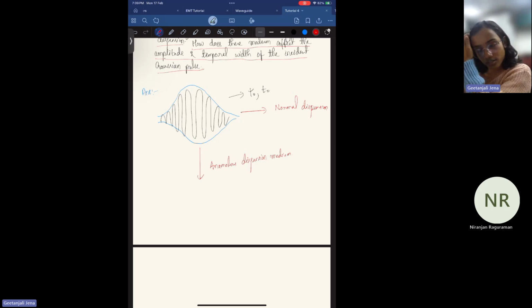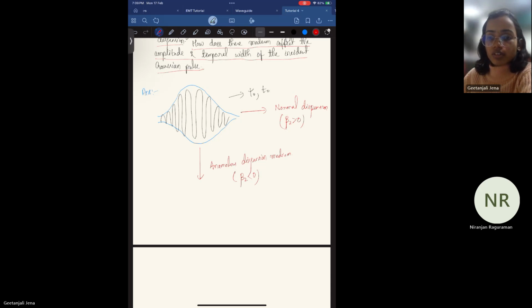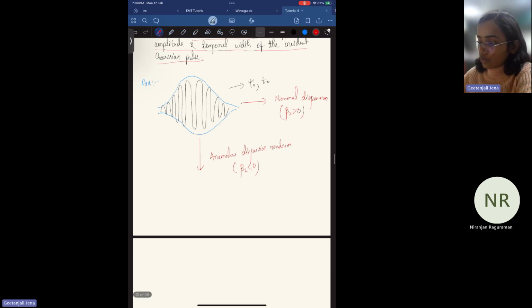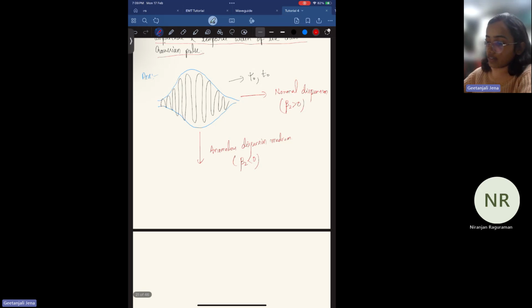If you recall, the condition for normal dispersion is that the group velocity dispersion coefficient beta 2 should be greater than 0, and for anomalous dispersion, beta 2 is less than 0. When it propagates through a medium, the amplitude may decrease.